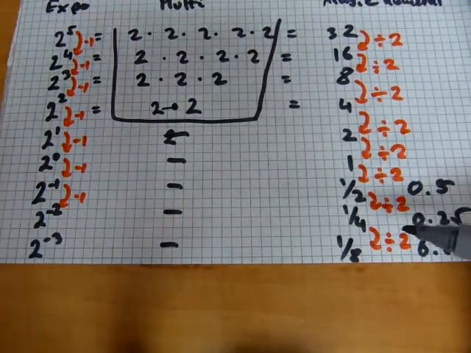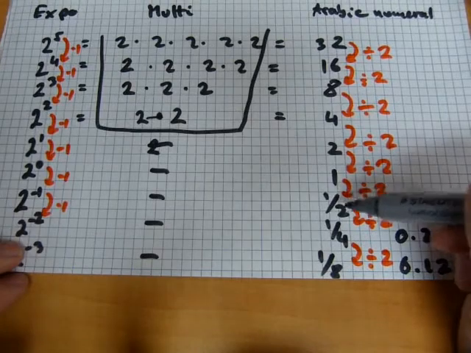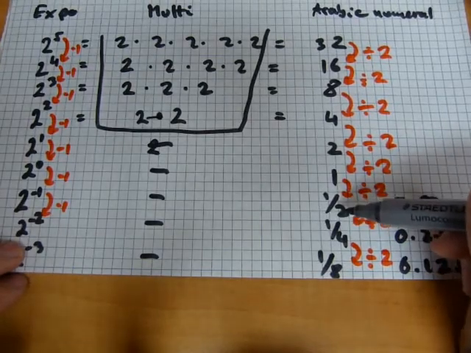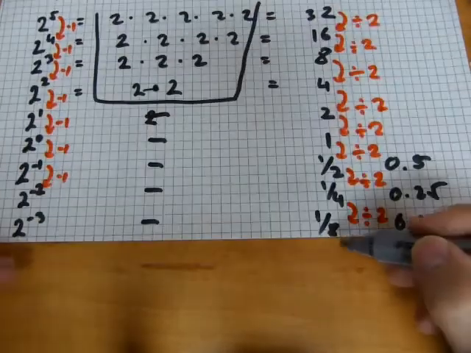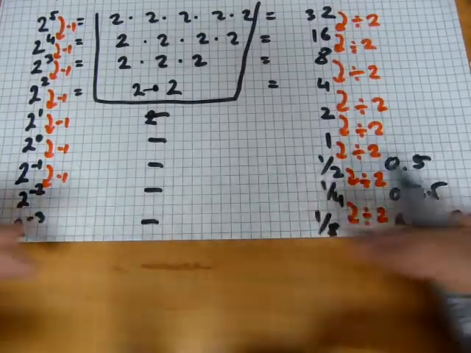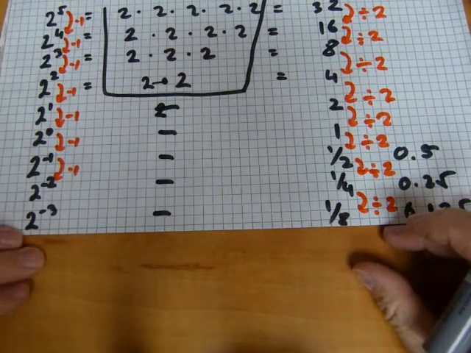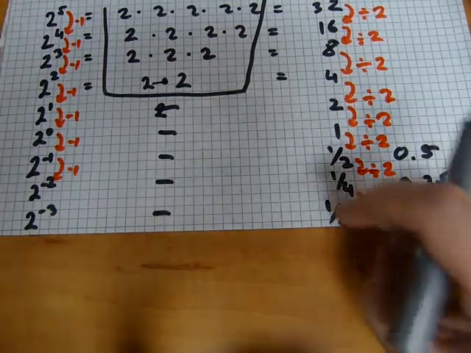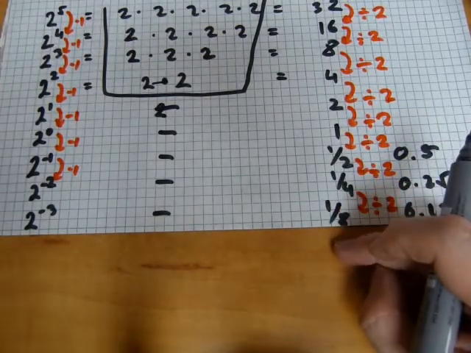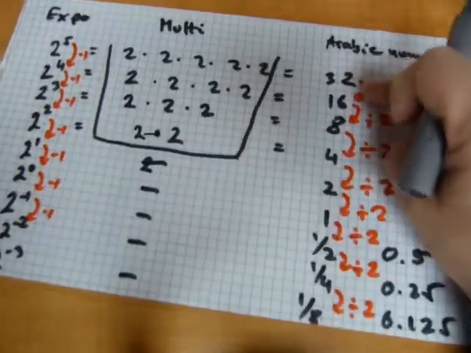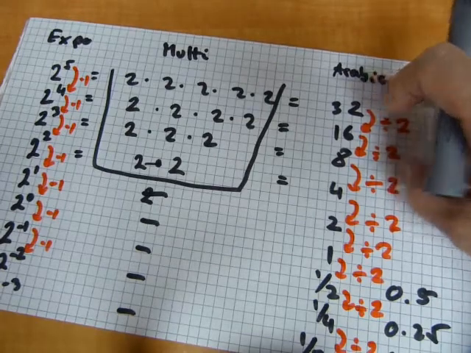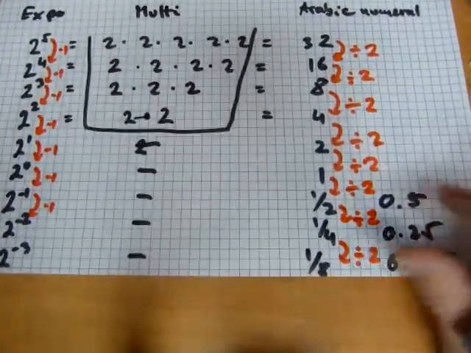Do notice that we have a pattern here. 1 over 2, 1 over 4, 1 over 8, 2, 4, 8. So the next number down the list, where I don't have any paper, will be 2 to the power of negative 4, and it's going to be 1 over 16. 2 to the power of negative 5 will be 1 over 32, 1 over 64, 1 over 128.